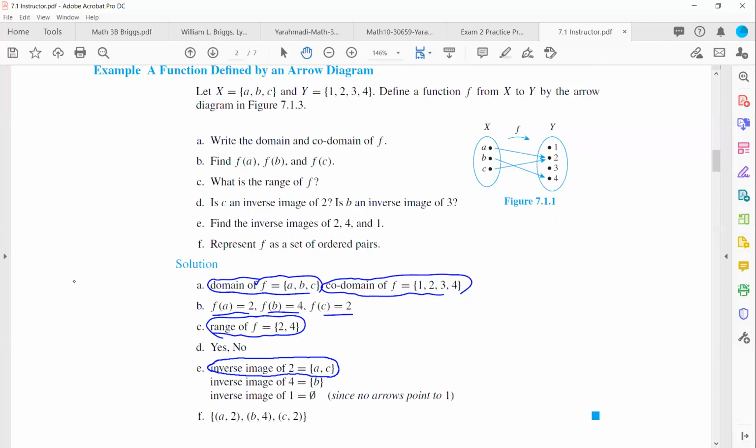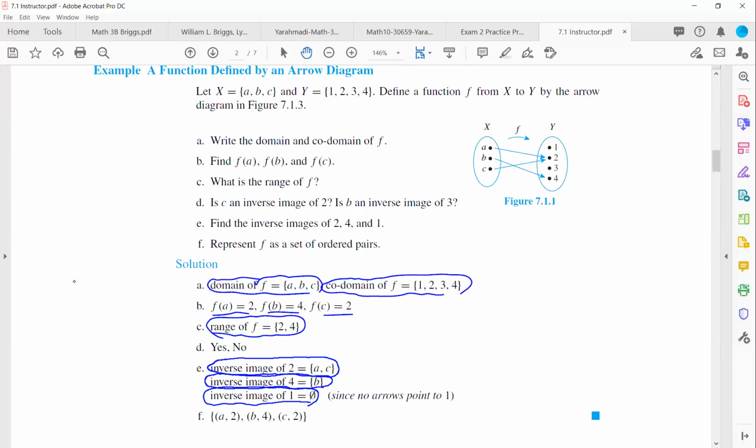The inverse image of 4 is one element, B. Don't forget to write it in a set symbol. And the inverse image of 1 is not attached to any element in the domain, so it's going to be the empty set as the inverse image of 1.